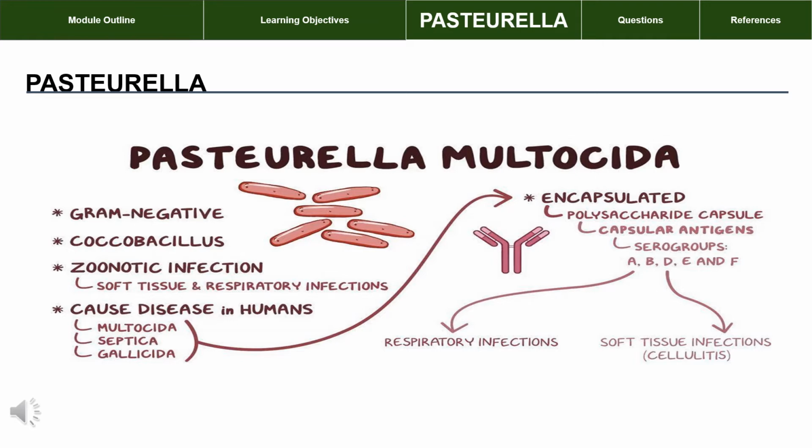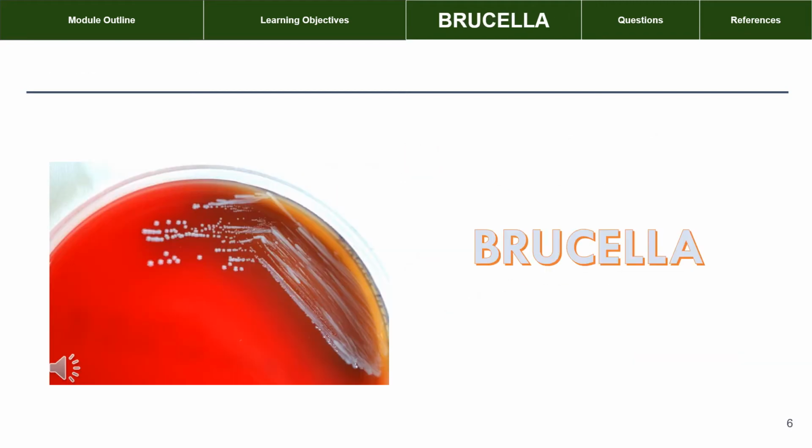It is encapsulated, so it has a polysaccharide capsule and capsular antigens, and the serogroups are 5, again from A to F. This is nice to know. A is for respiratory infection, and D is for soft tissue infection or cellulitis.